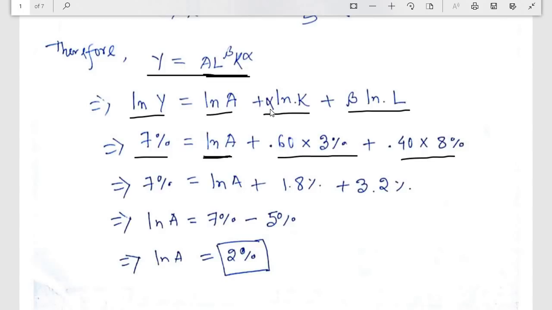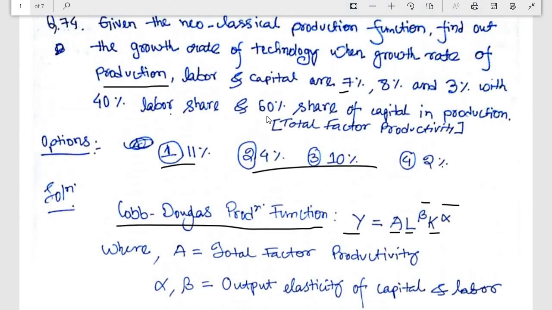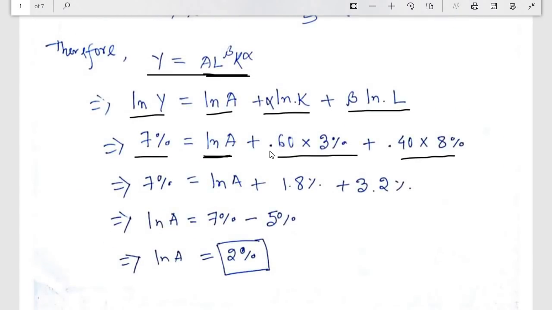Then our capital elasticity is given as 60%. This is the share, so we have to write it in decimal terms. It will become 0.60.